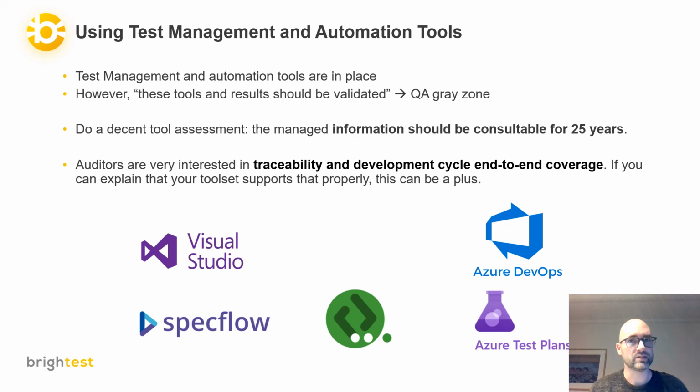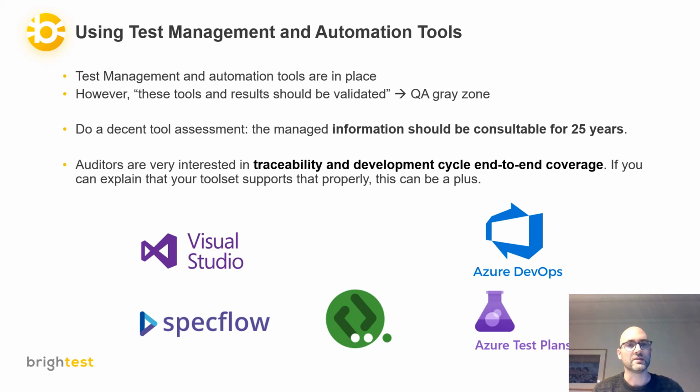In the regulated companies I worked for, test management and test automation tools are in place. It is often a discussion, however, with QA people, like, should these tools be validated? If an automated test run provided certain results, are these checked by humans? Because based on the interpretations of the regulations, it may be a gray zone.